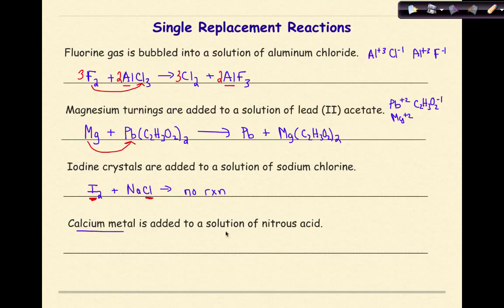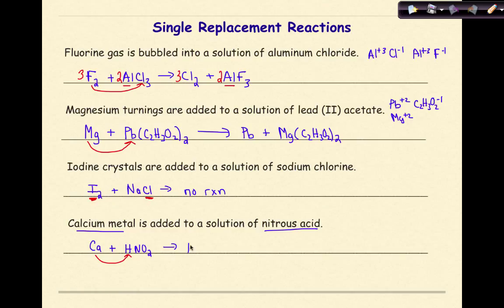Calcium metal is added to a solution of nitrous acid. Calcium metal can be represented as Ca and then plus, and then nitrous acid is HNO2 and then an arrow. Calcium is more active than hydrogen, so calcium can come in and kick out the hydrogen.